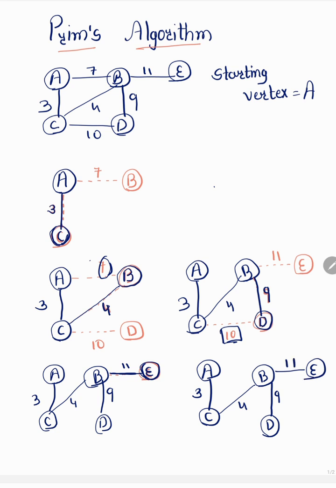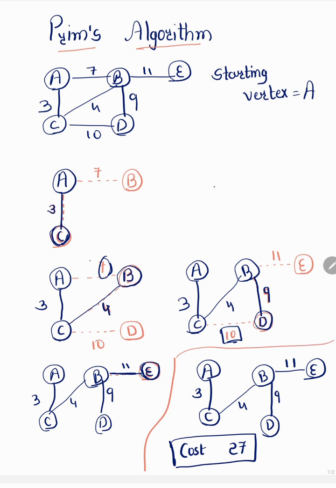Now if you find the cost, you just need to sum up all this, right? So that's 4 plus 3, that's 7, 7 plus 9, that's 16, 16 plus 11, that's 27, right? So for this tree the cost is 27, and this one is your minimum spanning tree.